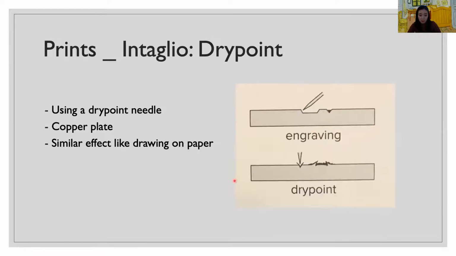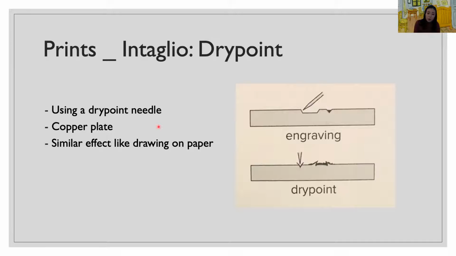So we're going to see the dry point of intaglio printing technique first. So dry point is kind of similar to engraving, except that the cutting instrument used is a dry point needle. So the artist uses a needle to draw something on the plate.